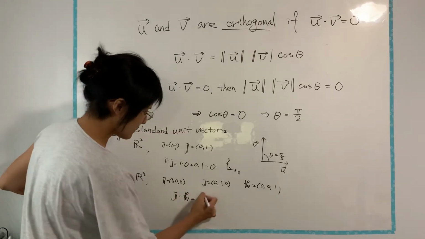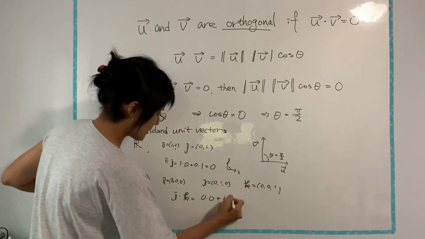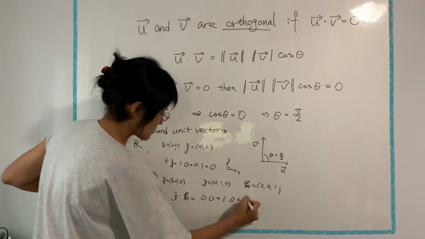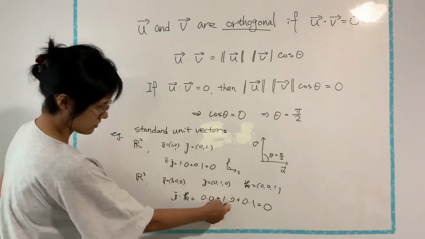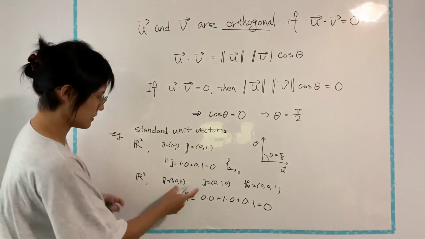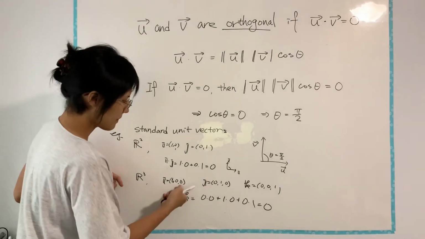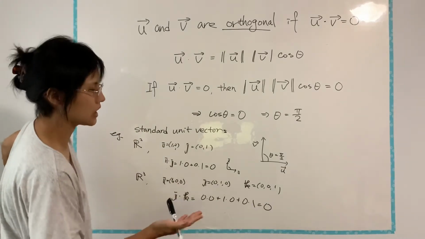What do you have? You have 0 times 0 plus 1 times 0 plus 0 times 1. And that equals 0, right? Because 0, 0, 0. Okay. So you know that any of these two vectors are orthogonal. They are perpendicular to each other.